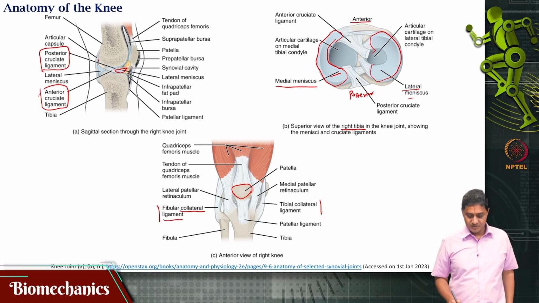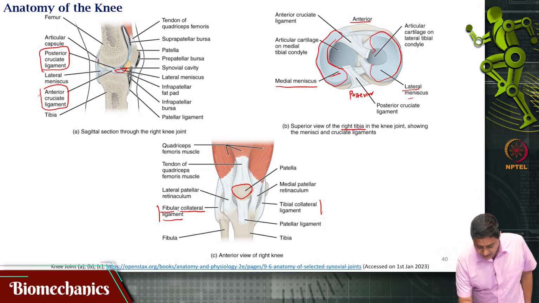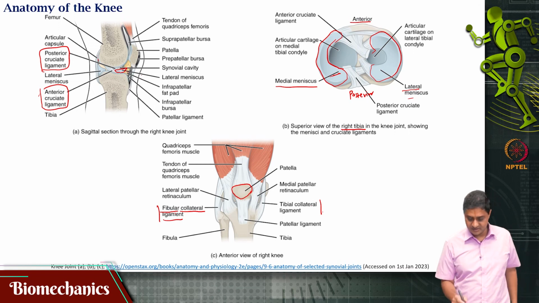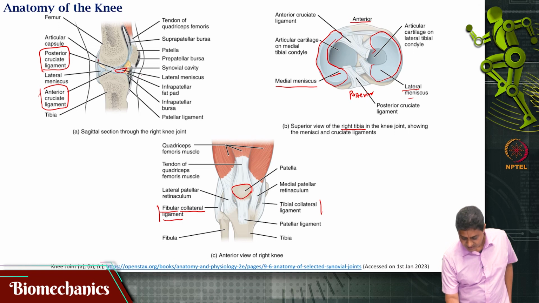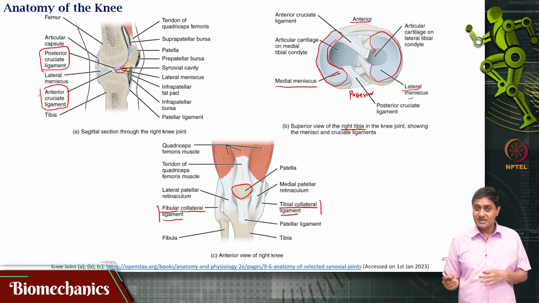These are 2 types. One attaches to the fibula, the fibular collateral ligament. The other attaches to the tibia, the tibial collateral ligament. Collateral means same side. So, they attach on the same side.